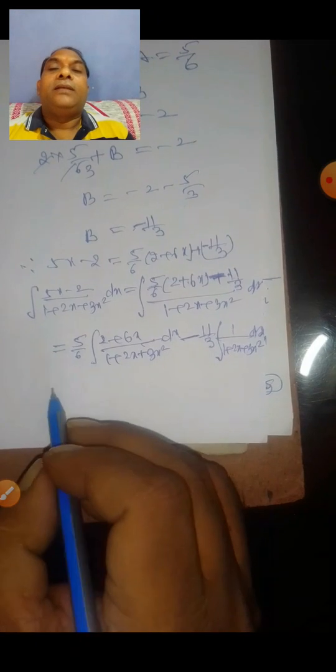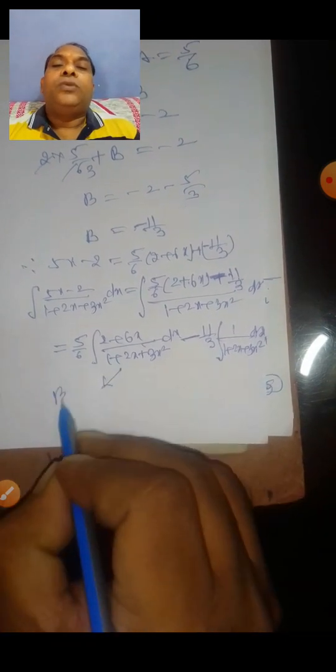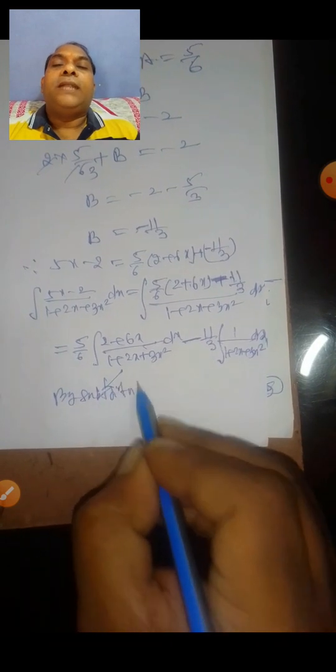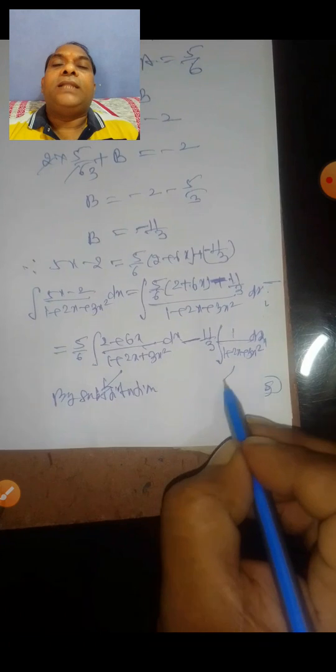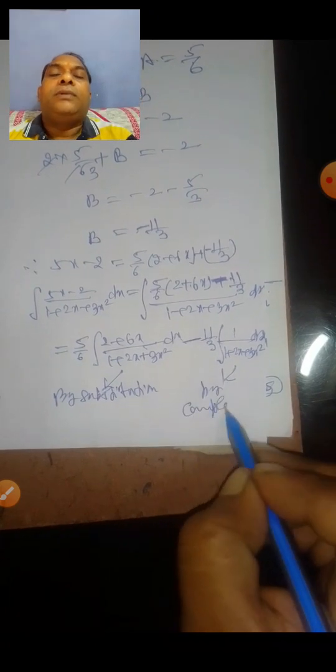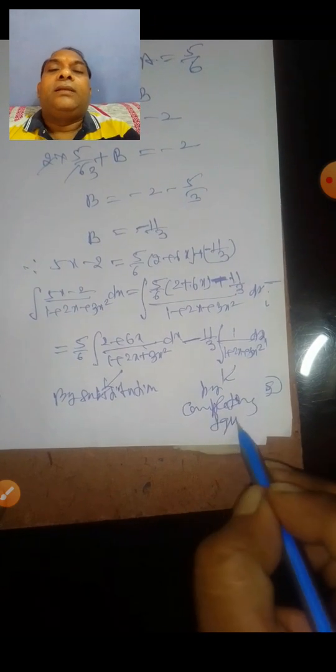Clear? So the first part you can solve by using the substitution method, letting 1 plus 2x plus 3x square as the variable, then you have the numerator. And the second part you can solve by completing the square, then you have the answer.